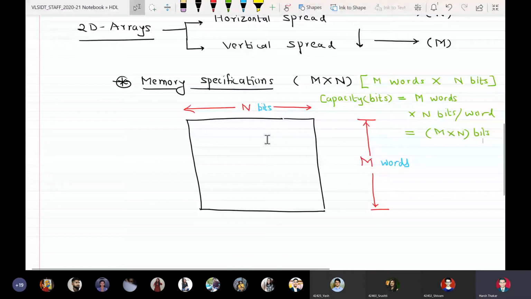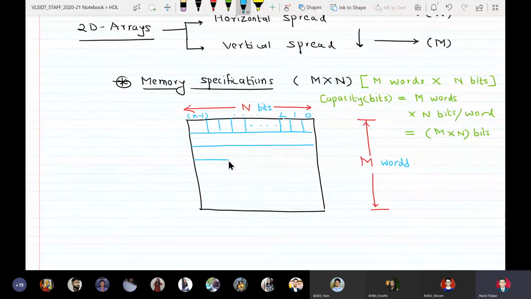Now, because we have said that a horizontal spread is expressed in terms of bits, so 0, 1, 2, and so on up to n minus 1, and then we have a repetition of this structure in the vertical direction.